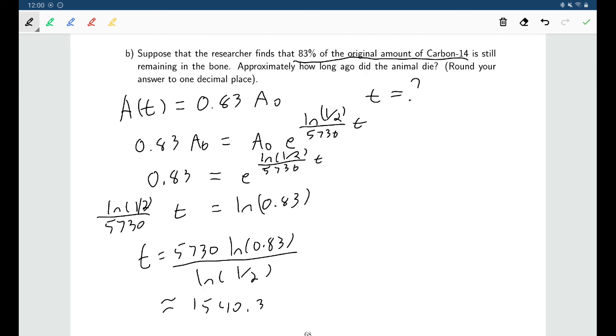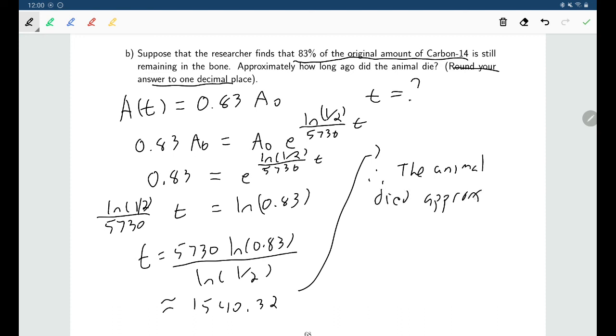And that is 1,540.32. And so if we're giving our answer now rounded to 1 decimal place, then I'll say here that the animal died approximately 1,540.3 years ago.